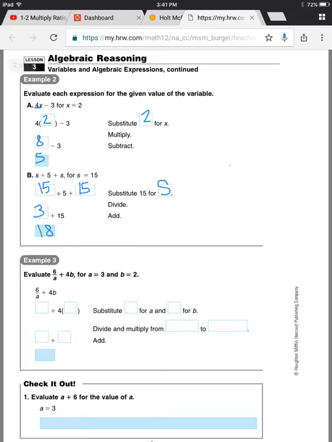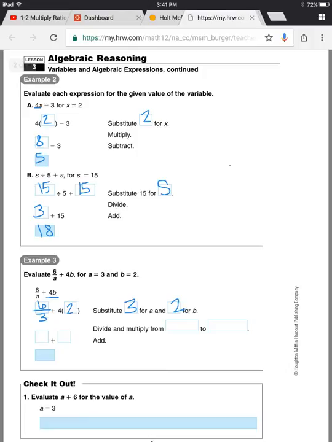So for a, we're going to substitute 3, and for b, we're going to substitute 2. So we have 6 over a, so instead of bringing a down, we're going to bring 3 plus 4, and remember that 4 and that b are right next to each other, so that says I'm multiplying 4 by whatever value b equals. And in this case it's 2, so we remember to put it in parentheses.